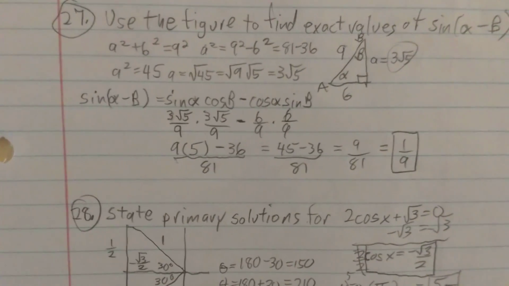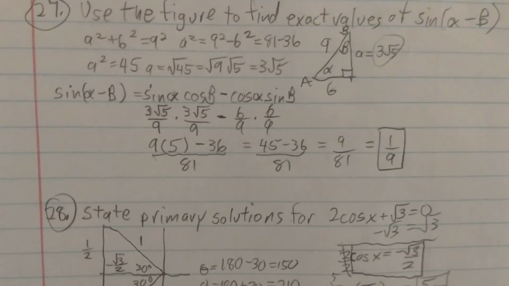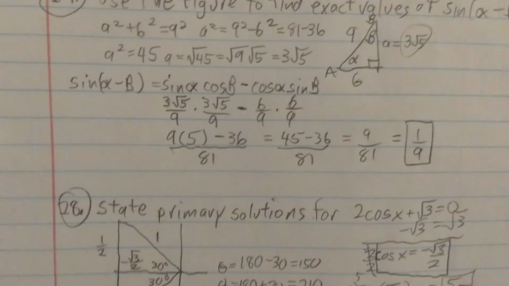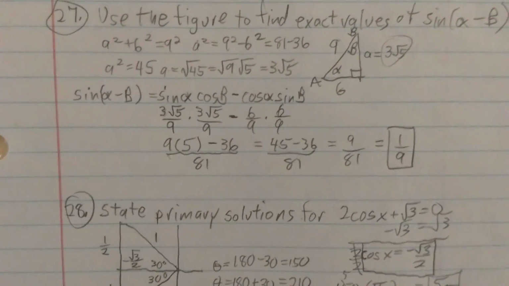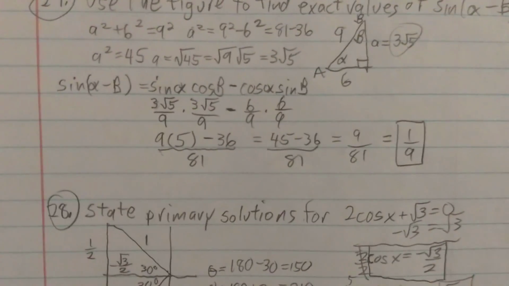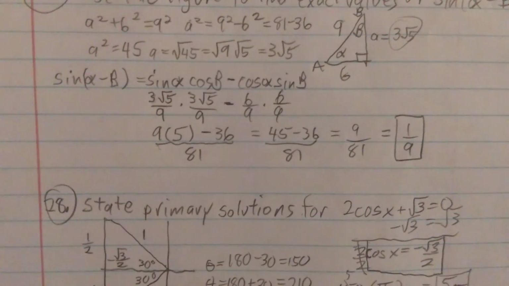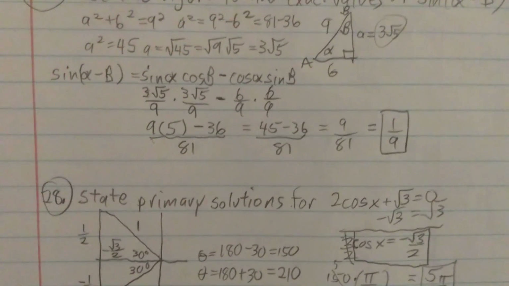So a squared plus 6 squared equals 9 squared, or a squared equals 9 squared minus 6 squared, which is 81 minus 36, so a squared equals 45, and a equals the square root of 45. Using perfect squares, the square root of 9 times the square root of 5 equals 3 square root of 5.